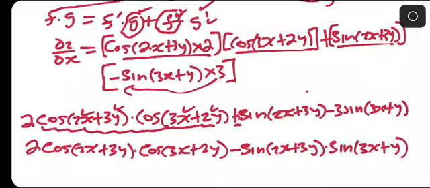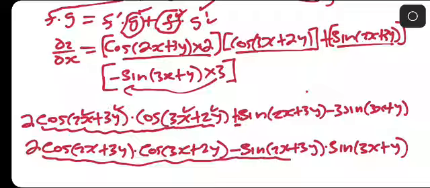Okay. This is what we have so far. Then this is what we have, but this is a compound angle, as you can see. You can reduce this using a compound angle, or you can leave it here. By the way, we just have to differentiate.